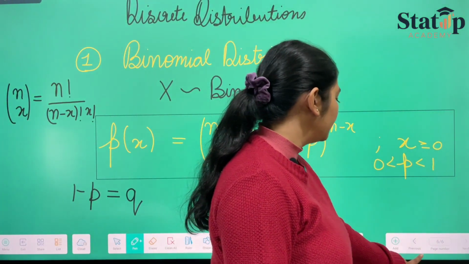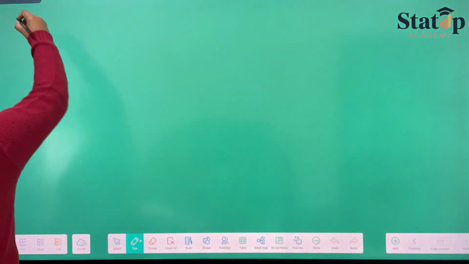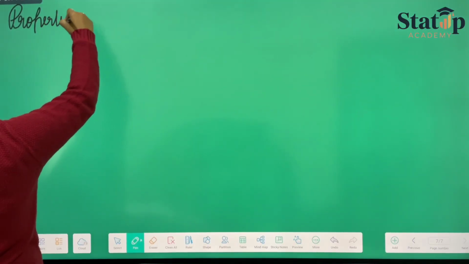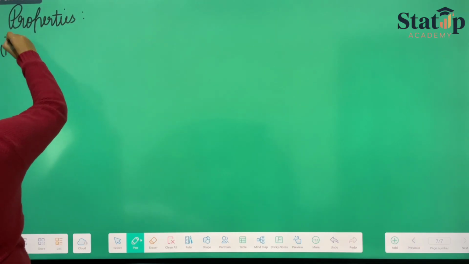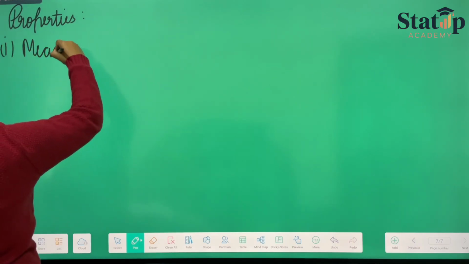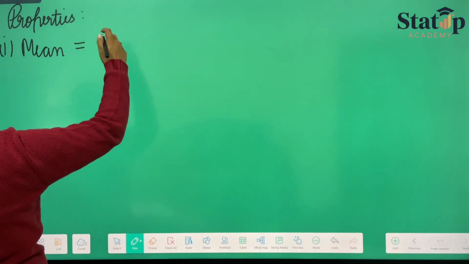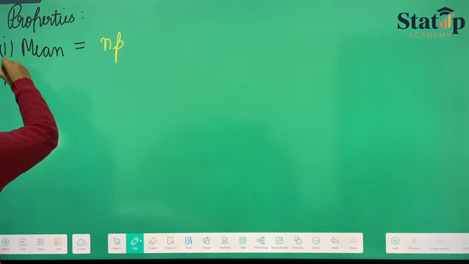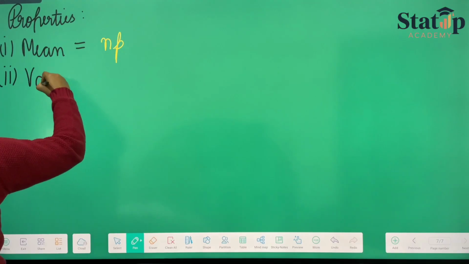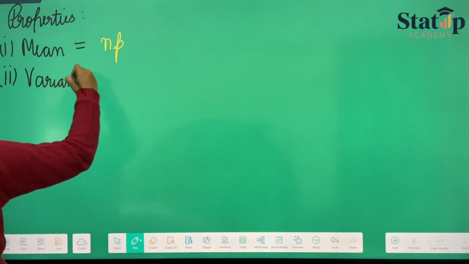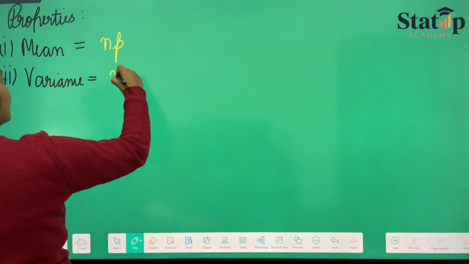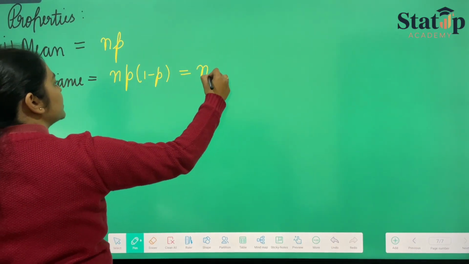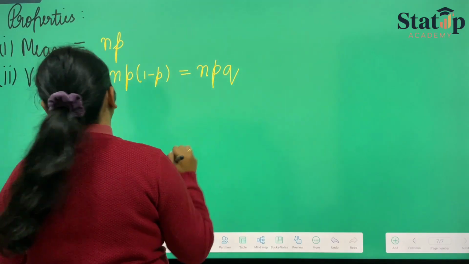Now moving forward to some of the properties of binomial distribution. The first property that we are talking about is mean. Mean of binomial distribution can be given as np, the multiplication of the two parameters, and variance of binomial distribution can be given as np into 1 minus p, or we can also write this as npq.